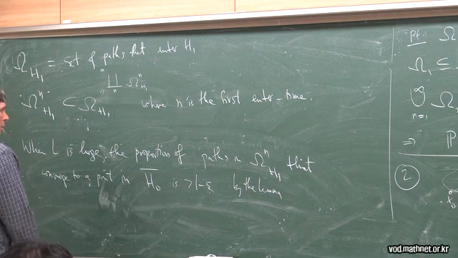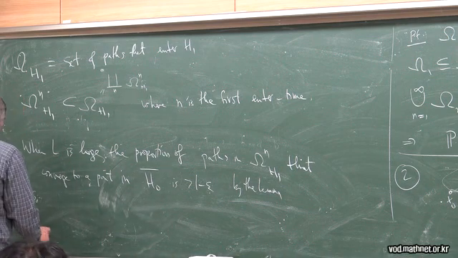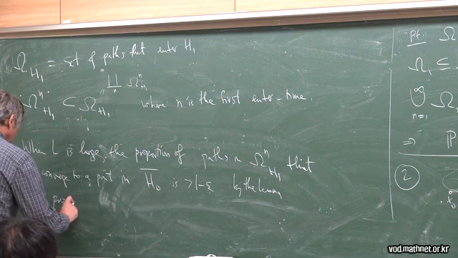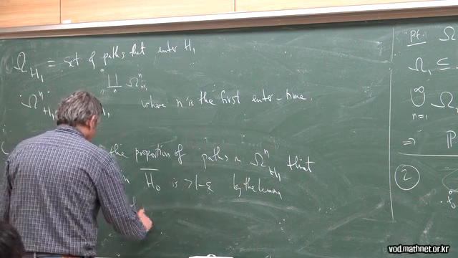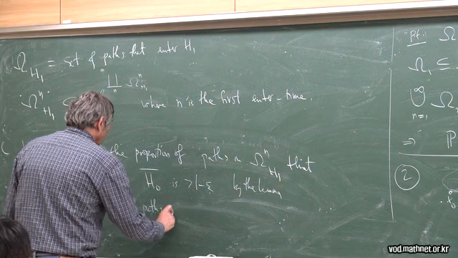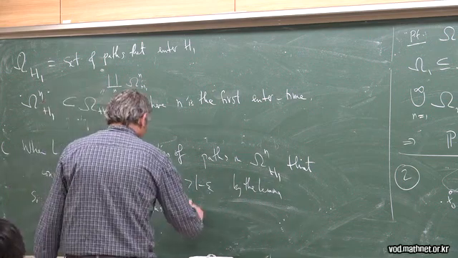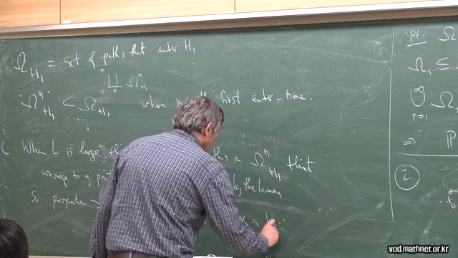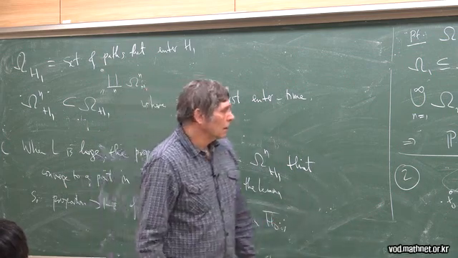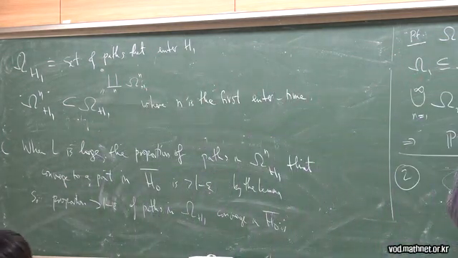So a proportion greater than 1 minus epsilon of paths in omega h1 also converge in h0 bar.